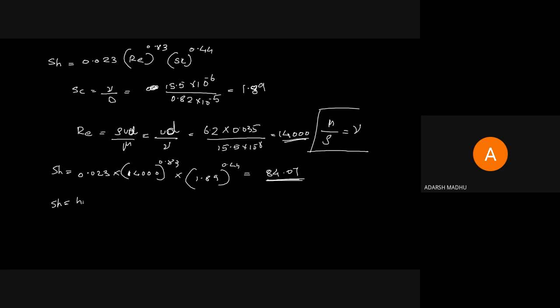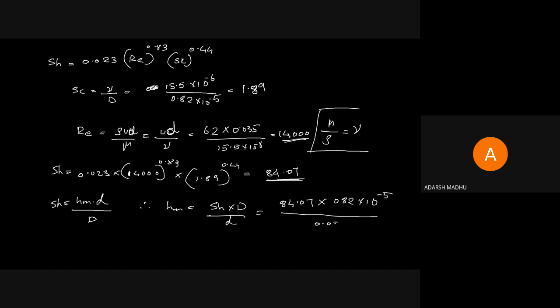After finding the value of Sh, you can directly find the value of hm here. Sh equal to hm into diameter D by diffusion coefficient D. Therefore, hm equal to Sh into D by D. It is 84.07 into D, given as 0.82 into 10 power minus 5, whole divided by diameter 0.035.